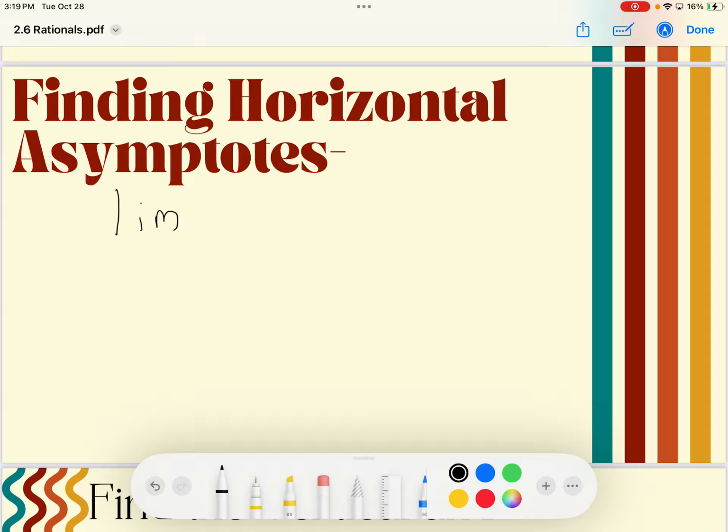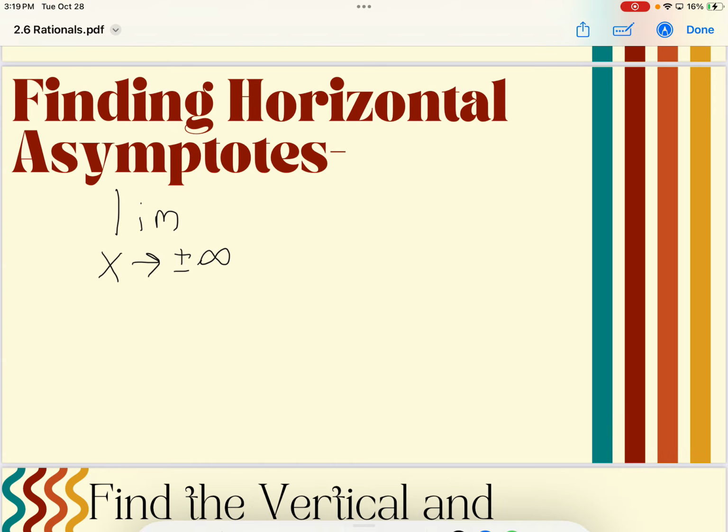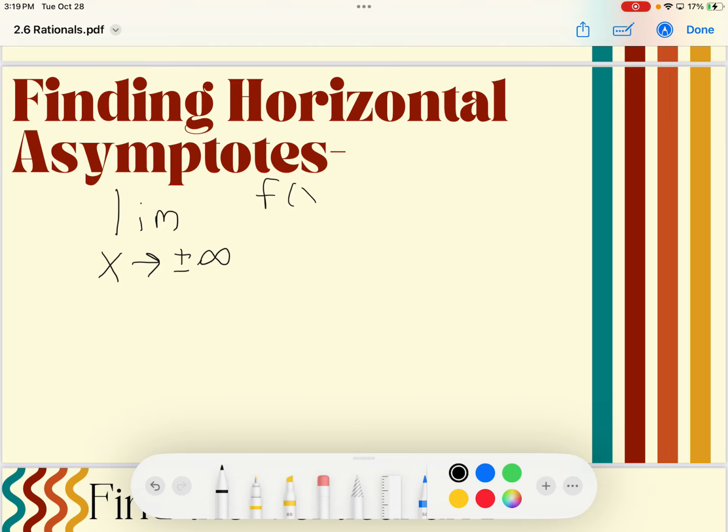So with limit notation, as x approaches positive or negative infinity, which just means x is getting really, really big or really, really small, f of x divided by g of x is going to be approaching some number.